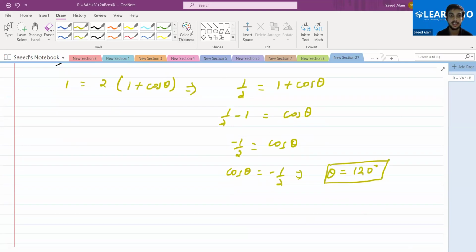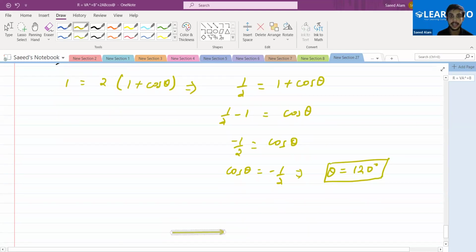What the question is saying is that if you take a vector like this and you take another vector of the same length, but this time the angle between them should not be 90, this is somewhat 90, and this will be somewhat 120. If you keep the angle between them at 120, you will obtain a resultant vector by completing the parallelogram.